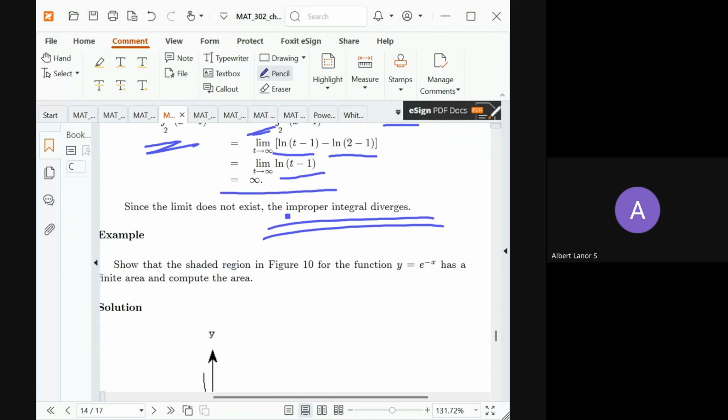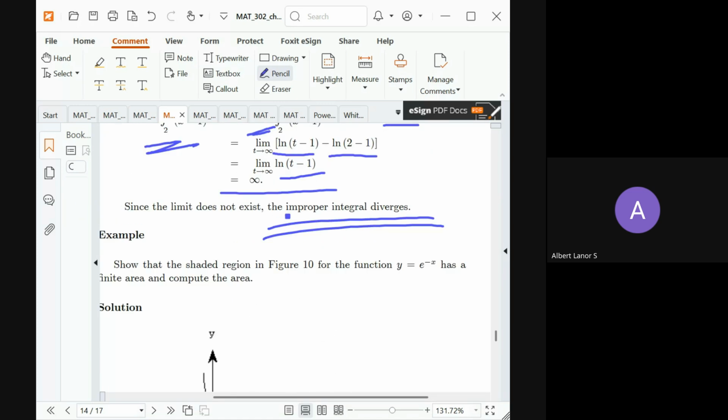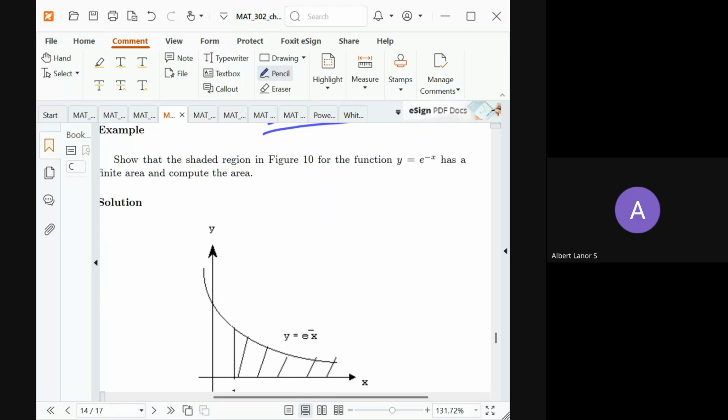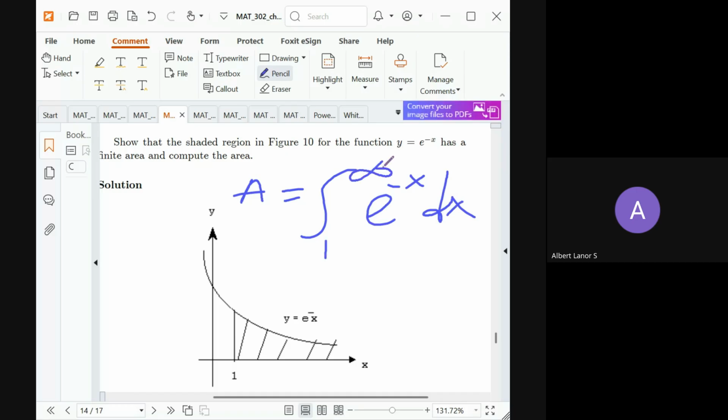Now, show that the shaded portion in figure 10 for the function y equals e to the minus x has a finite area, and compute it. So it's from 1 to infinity. So when you want the area, you're going to integrate the function e to the minus x dx from 1 to infinity.